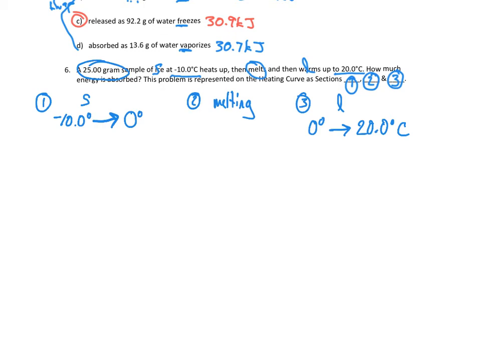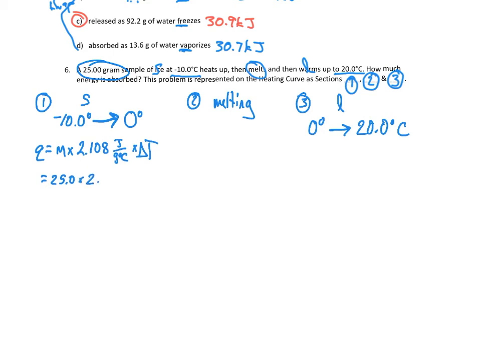So let's do step 1, my solid. I'm using Q equals m times c times delta T. My specific heat for ice is different. It is 2.108 joules per gram degrees Celsius. So what values do I know? Well, my mass is 25.0.